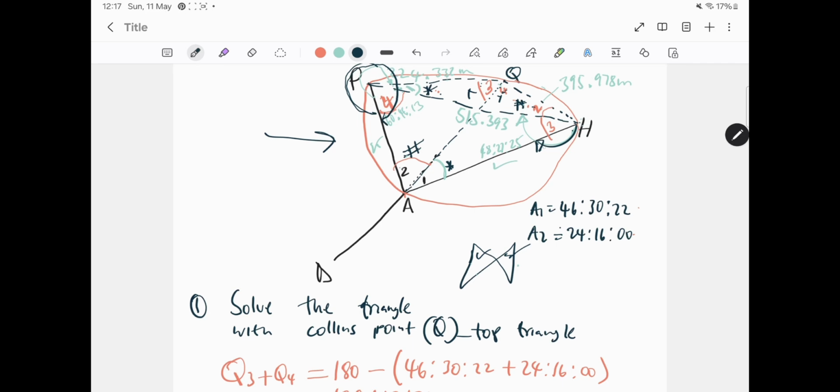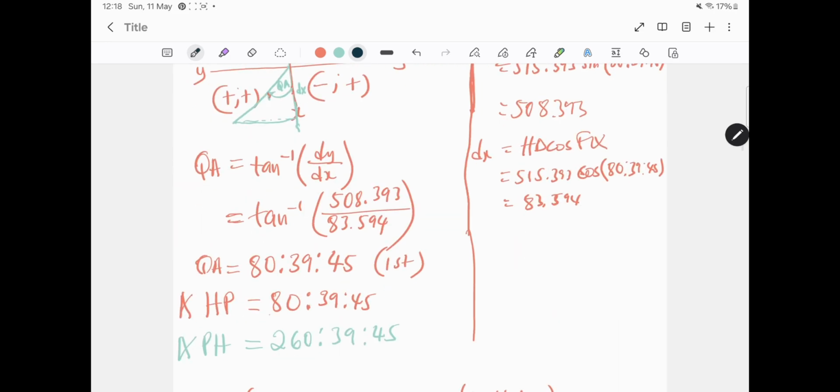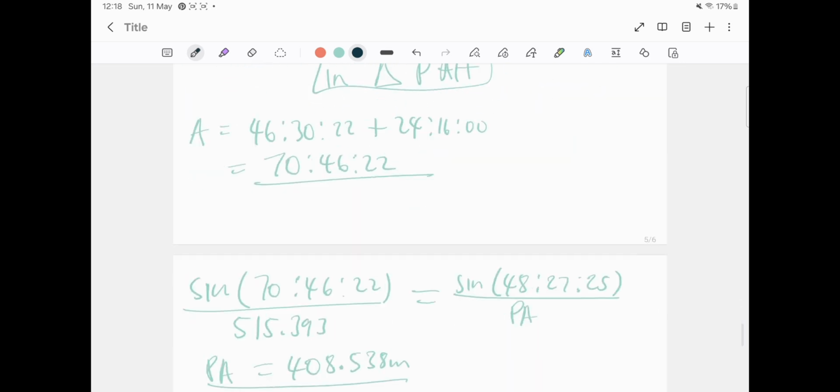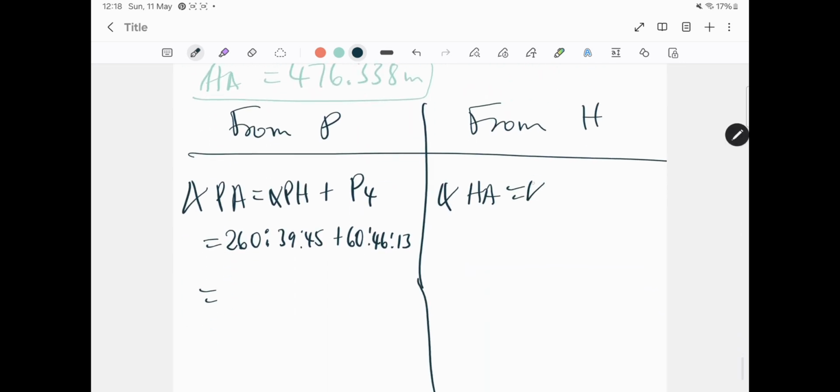You're left with this part here, from here to there, minus this portion. So it's bearing HP minus H3 internal.